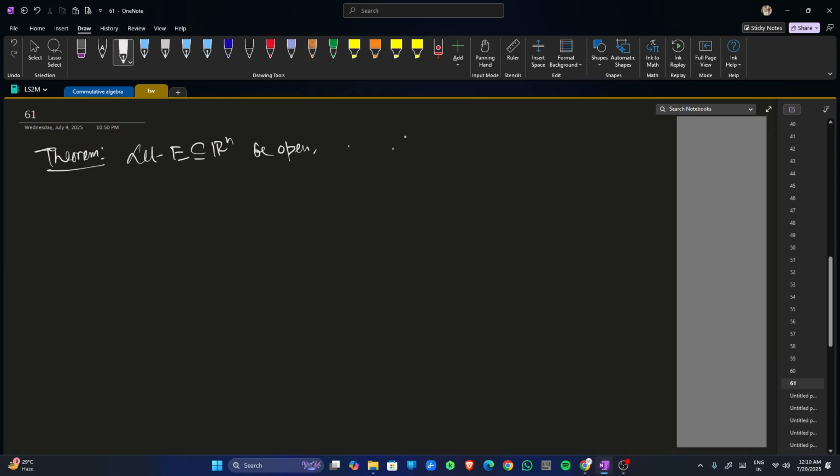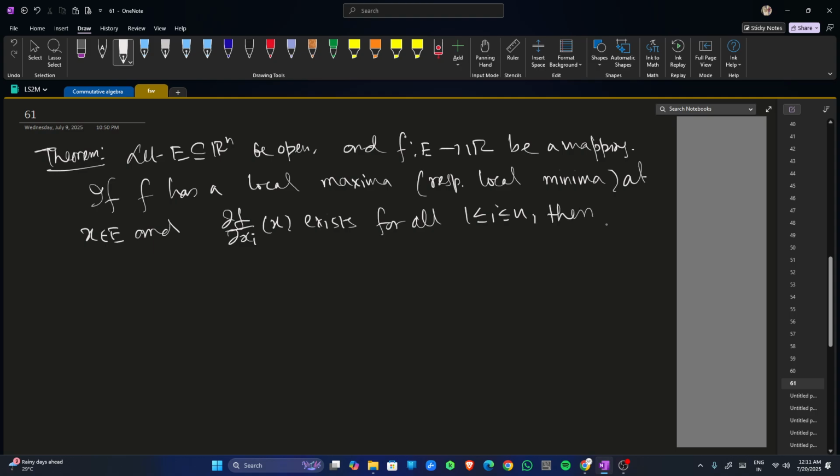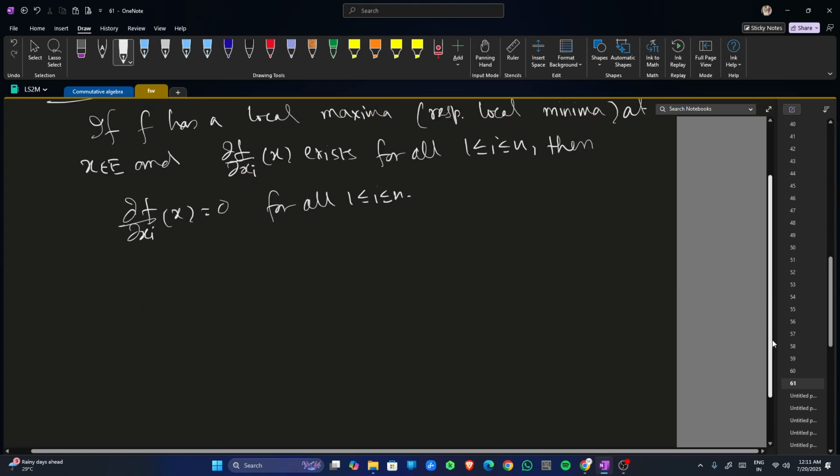If f has a local maxima or local minima at x belongs to E, and del f del xi at x exists for all i, then del f del xi at the point x is equal to 0 for all i equal to 1 to n.